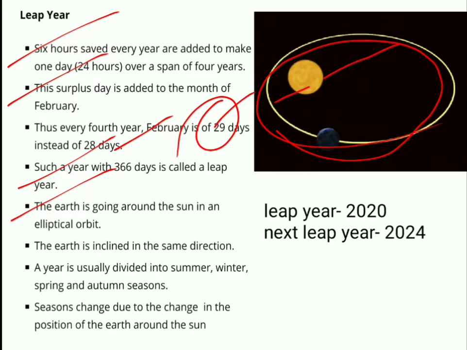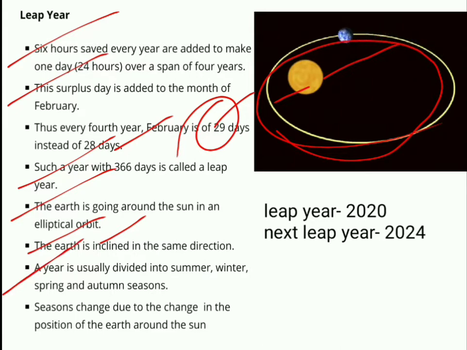So our earth is revolving around the sun in an elliptical orbit, and the earth is inclined in the same direction. The earth is tilted towards the sun while revolving around the sun. Inclined means tilted.